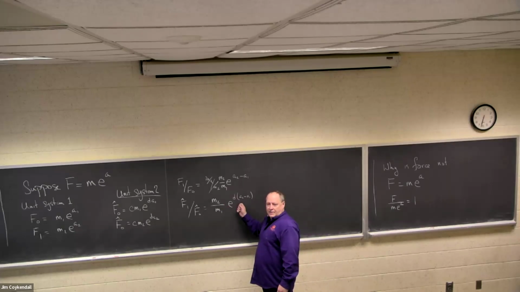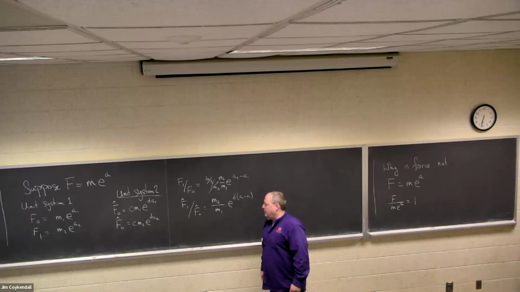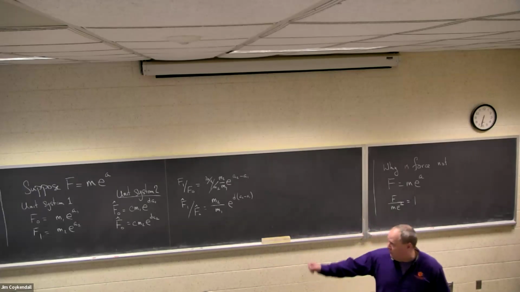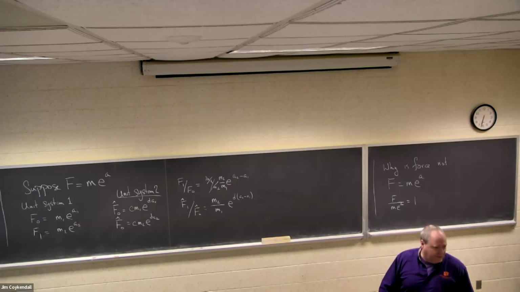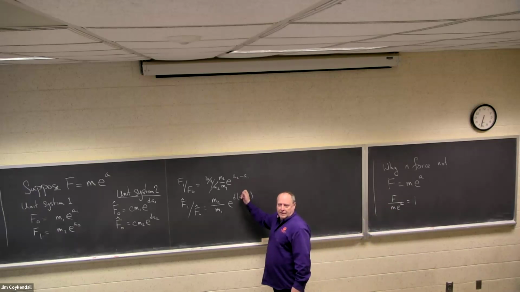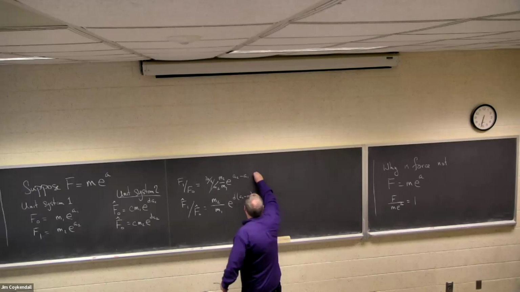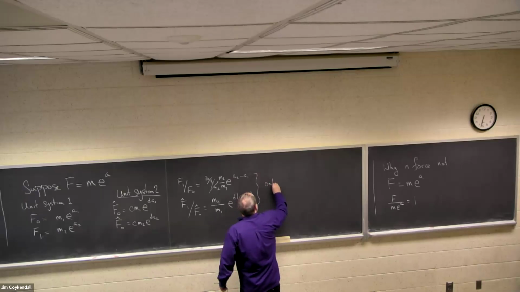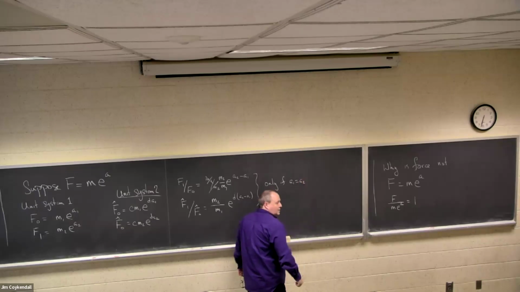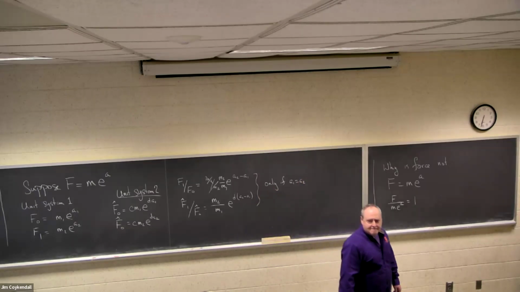But here, if we assume that D is not 0, and I don't think it's realistic to expect unit conversion to take acceleration to 0, if D is not 0, then the only way that these two are equal is if A1 and A2 are the same, right?